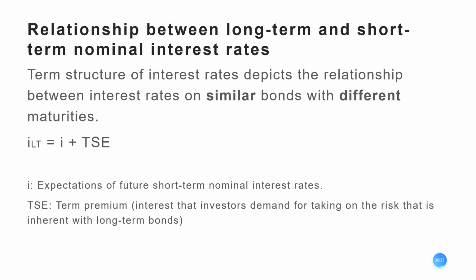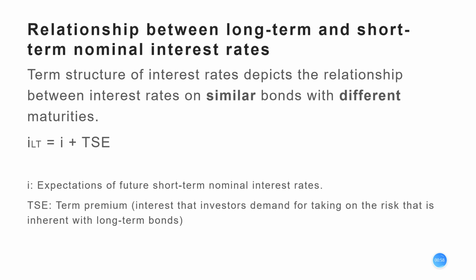And then let's see the relationship between long-term and short-term nominal interest rates. The term structure of interest rates depicts the relationship between interest rates on similar bonds with different maturities.